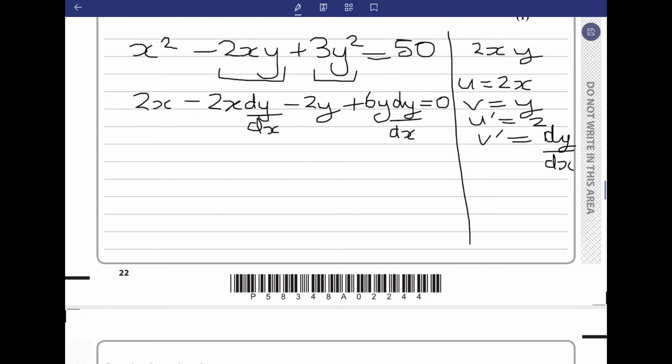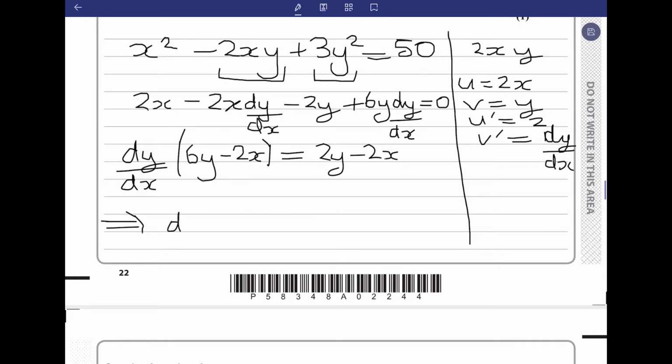So now all we have to do to find dy by dx is rearrange this. On the left hand side we have a 6y minus 2x. We move the 2x and 2y over to the other side to get 2y minus 2x. I know I'm doing a couple of steps in one here, but if you do it one step at a time, you'll get the same answer.